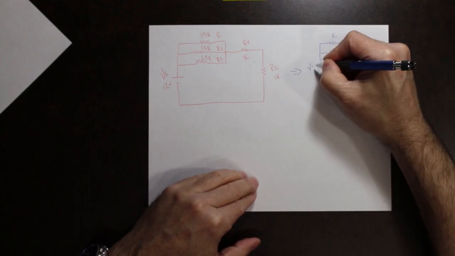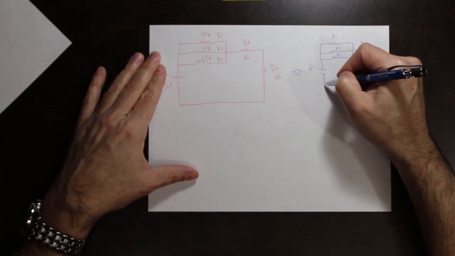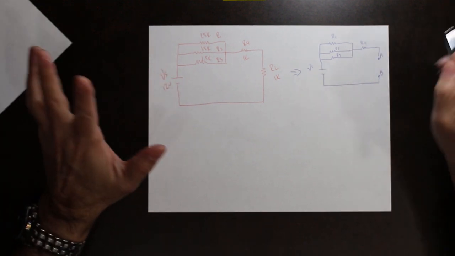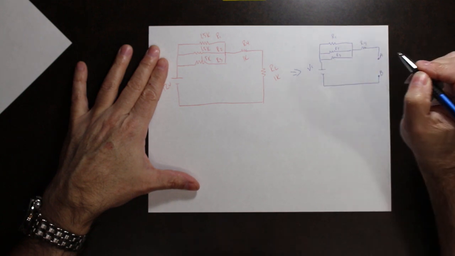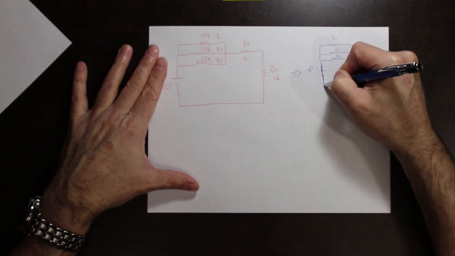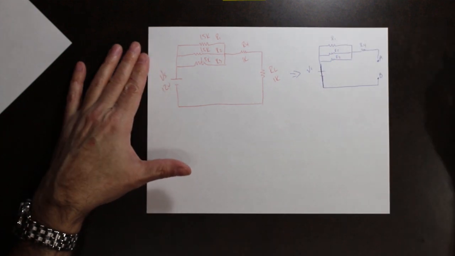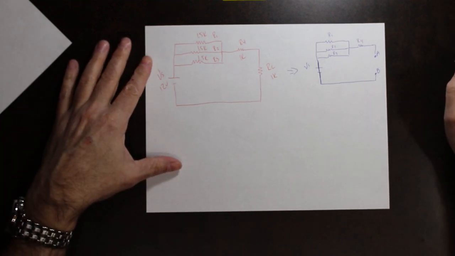The next thing that we do in the procedure is we are going to get rid of the source. So we need to short out the source. In theory, we just take a line and put it through the source like that. Pretend the source is not there. We're shorting out the source.